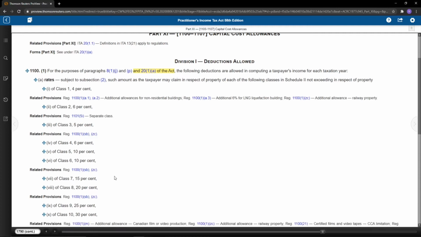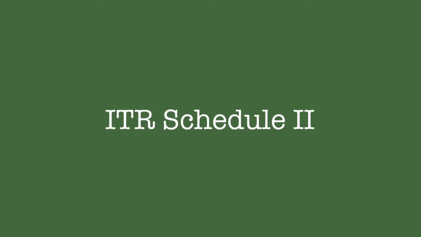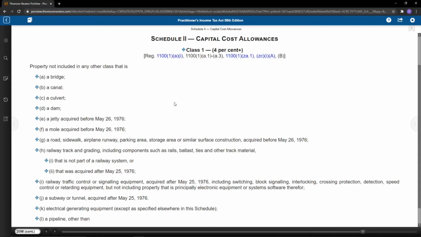What you aren't seeing, however, is what type of assets go into each class. And that's what Schedule 2 is for. It's time to navigate to the next part of the Tax Act. And here is Schedule 2. Under Schedule 2, you'll see each class listed. Here's Class 1 for 4%.